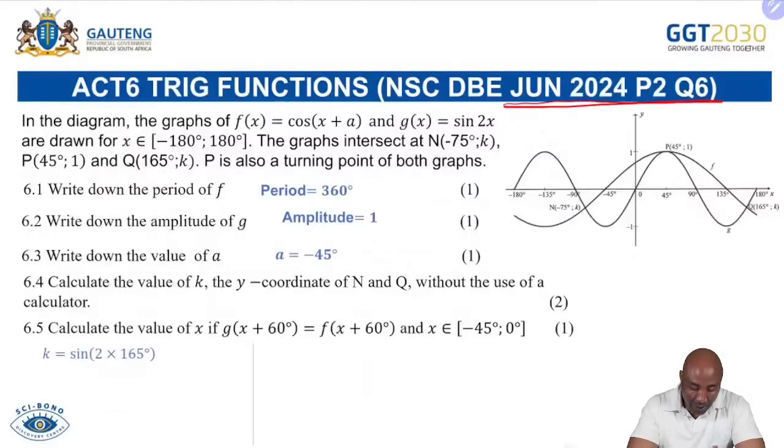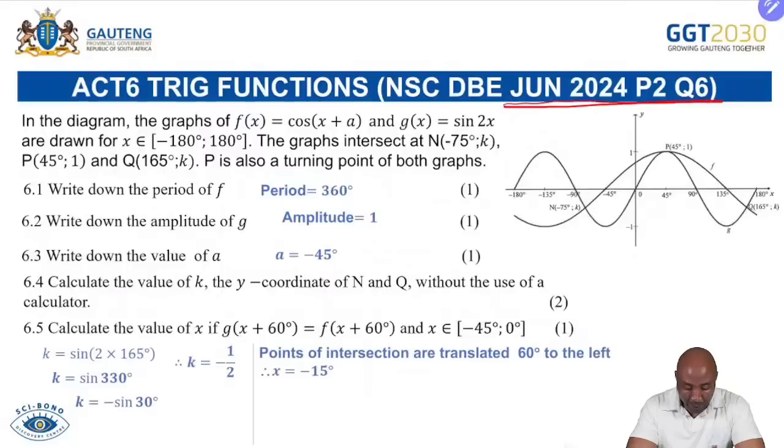The value of K, how do we get the value of K? Another way of dealing with the general solution, our transformations and knowing the graph interpretation is given there on our question 6.5. Now, we should be able to get the points of intersection by using our transformations there.